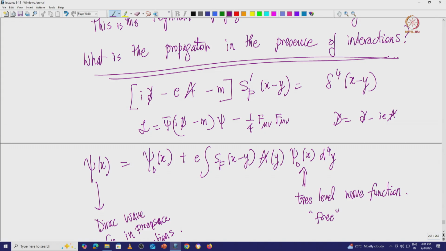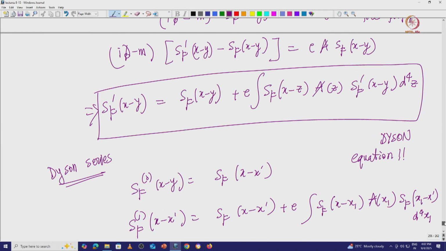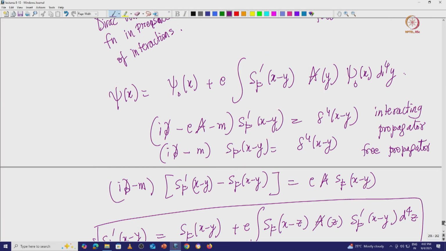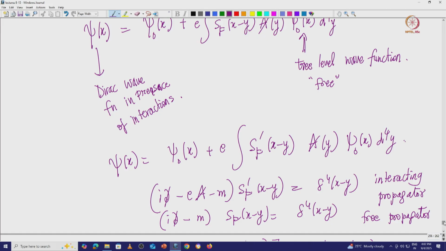When you try to solve this, it is in analogy with what we did with the wave function, where we saw the difference between psi 0 and psi 1, the same thing we did with the Schrodinger equation or the Klein-Gordon equation.